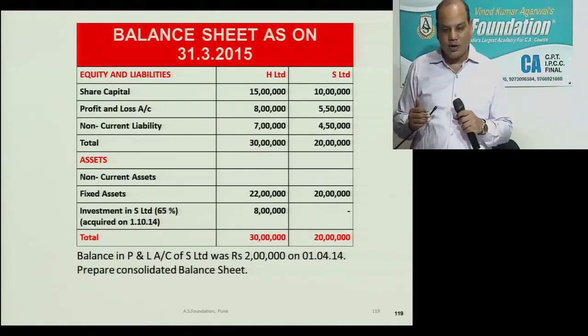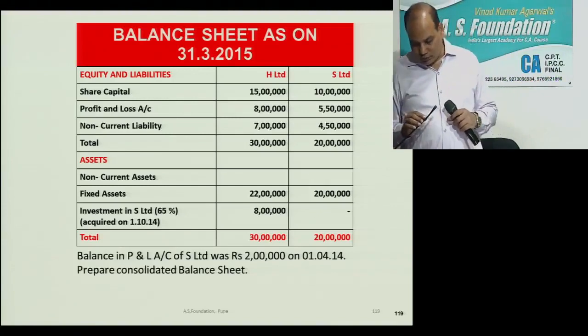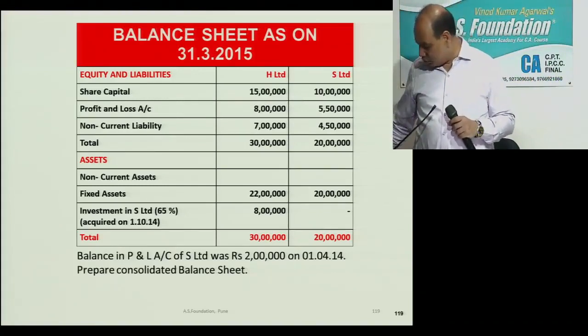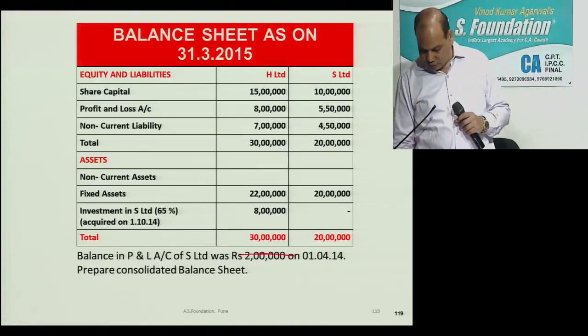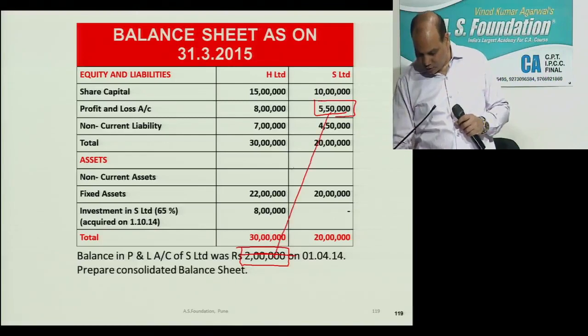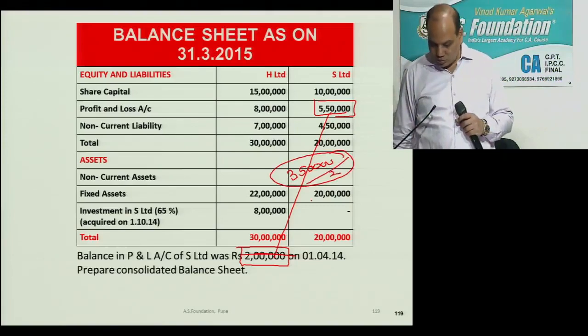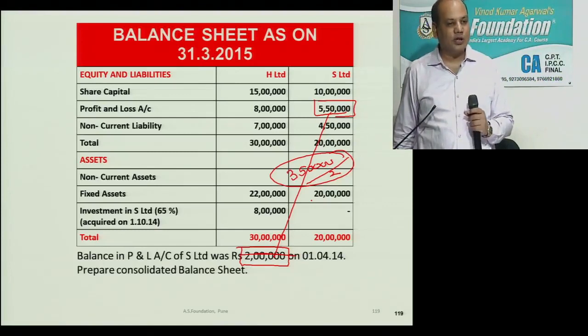Closing balance in the balance sheet is 5,50,000. So how much is the total profit for the year? This is 2 lakh here. This is 550. So what is the difference? 3 lakh? This you would divide by 2. So 1,75,000 is also to be added to pre-acquisition profit.